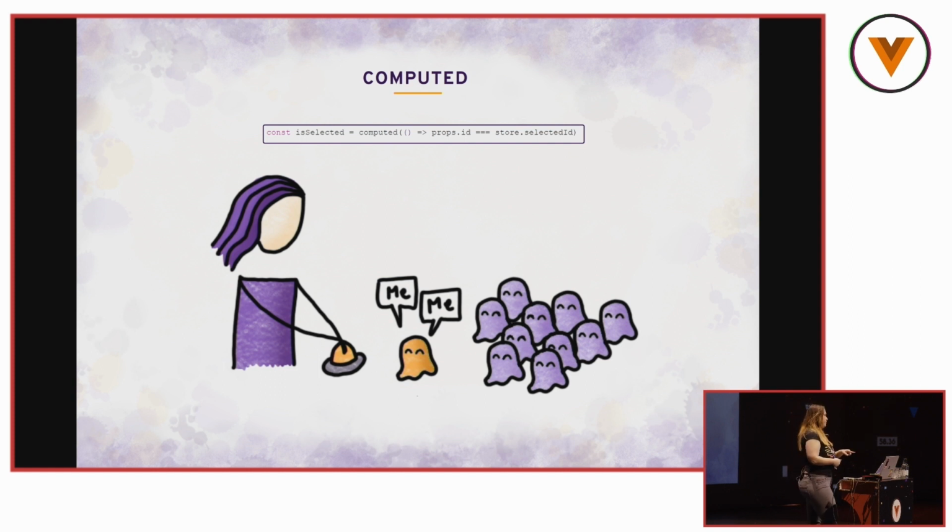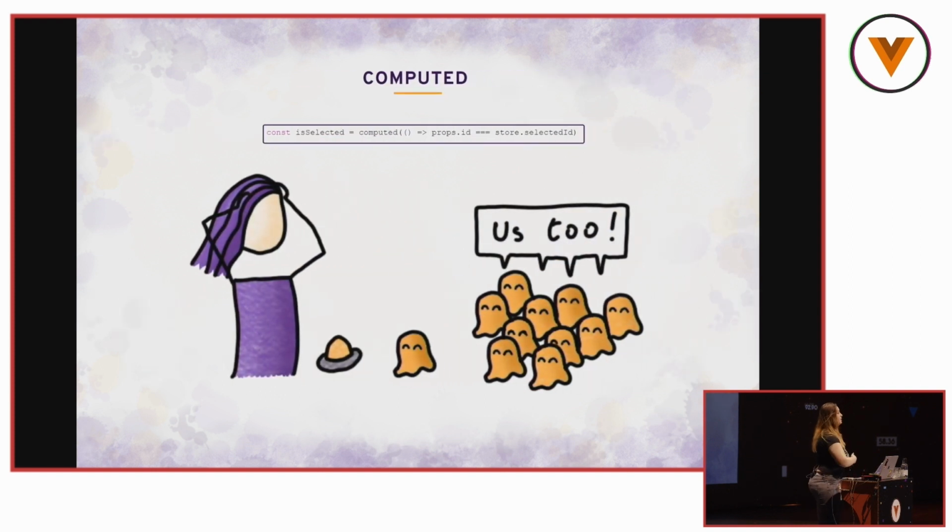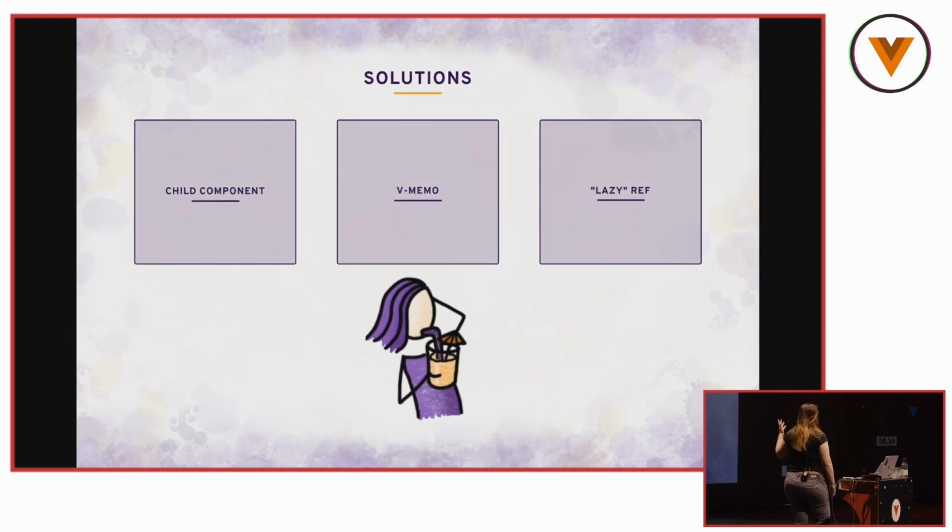If I'm updating it, I think only the selected one will be updated, but everybody will be updated because the dependencies have changed, so the computed will be marked as dirty, and even if the return value is the same, true or false, it will mark all the components as needing to be re-rendered. There are a few solutions to not have this problem anymore.